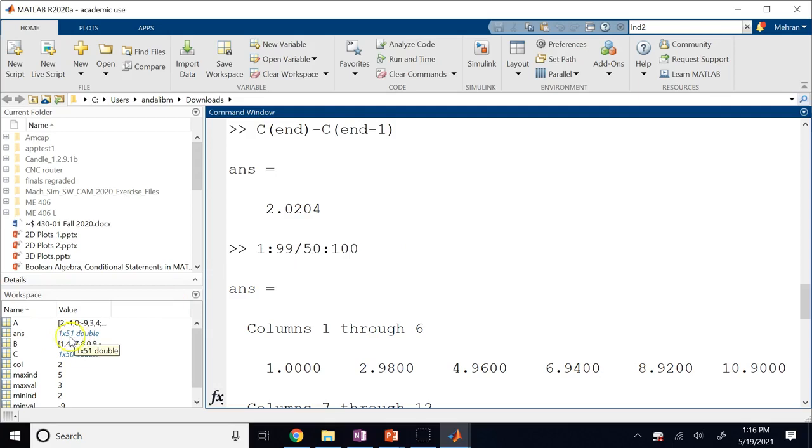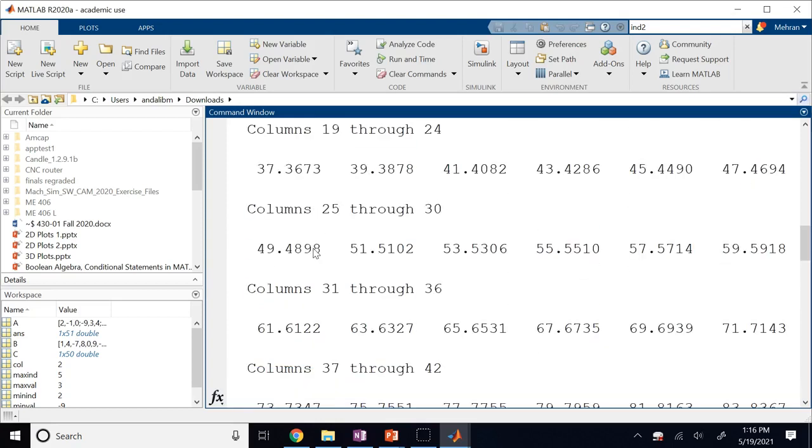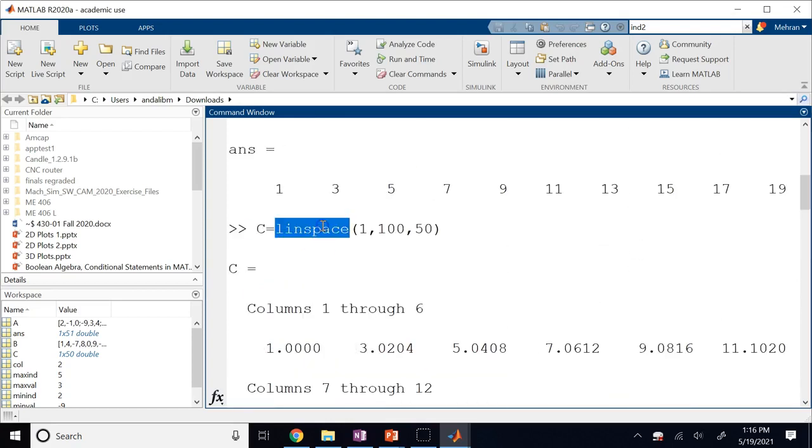Okay? So you aimed for 50, but you ended up with 51. Now, can you exactly determine the increment if you know the number of points? Sure. You can calculate that. It's not a big deal. But it's better, instead of you calculating it, you let linspace calculate it for you.